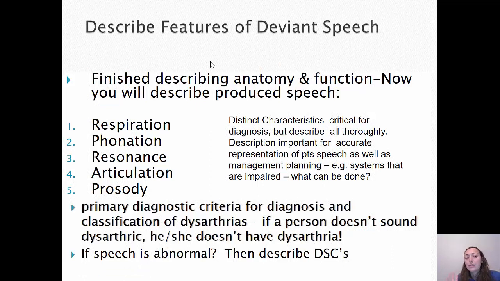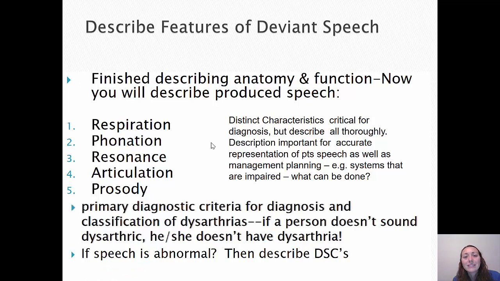So here we are. We've done our informal assessment, and we understand anatomy. We understand the oral mech and neuro piece, and we have to figure out, which we've been doing all along, what are the domain areas that are in deficit, what are those deviant characteristics that tell me that respiration is in deficit, that phonation is in deficit, and which ones are impacting communication or not. And here's the thing.